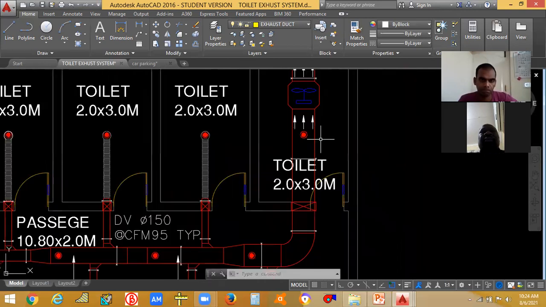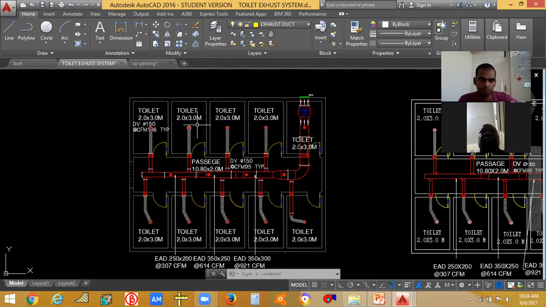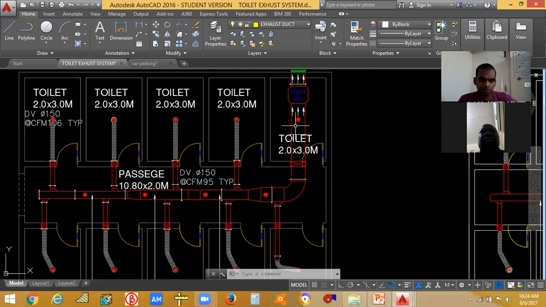You can see the duct size is very large here. Why is it very large compared to all other ducts? Because the CFM flowing through this duct will be the total CFM. All the toilets will be taken and this passage area also will be taken. If the CFM increases, the duct size also will increase.